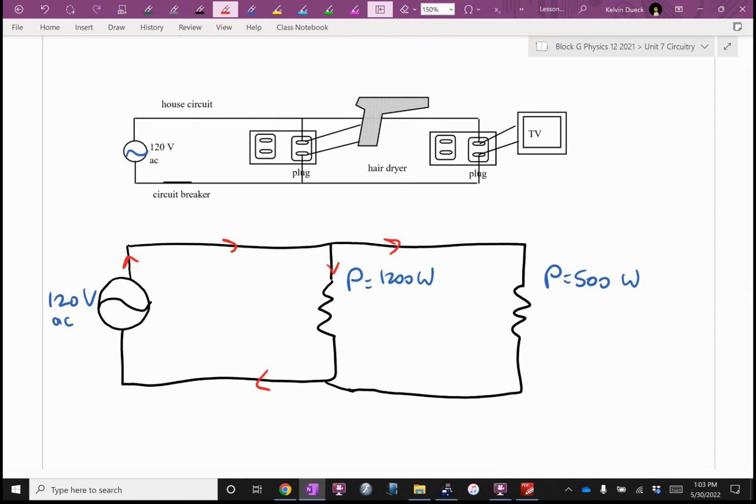Do I have amps anywhere? Do I have two things anywhere? Right now, you see a resistor that has two things on it? Say no. Okay, that's my procedure.